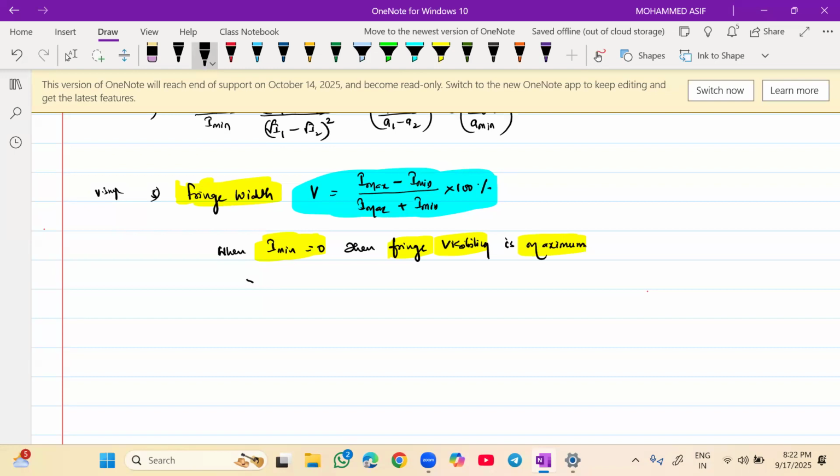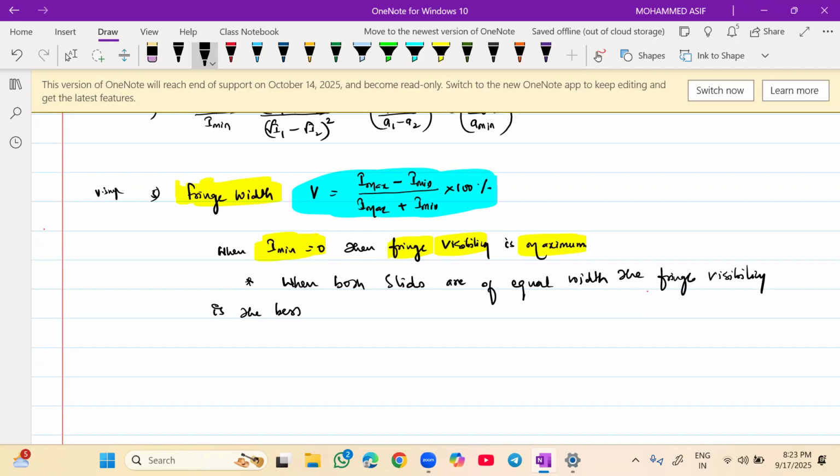One more point in this one. When both the slits are of equal width, the fringe visibility will be how much? Theoretical question. The fringe visibility is maximum.